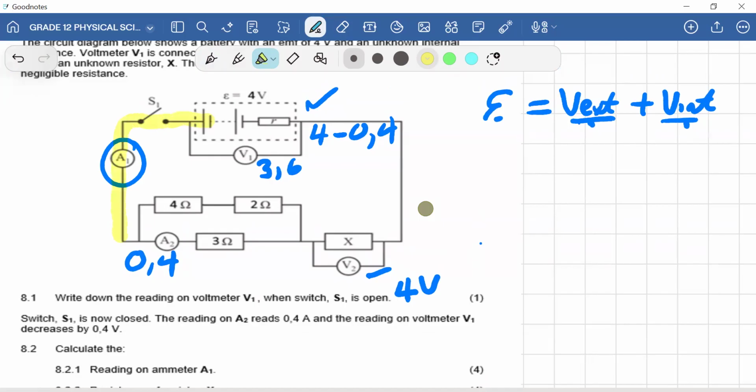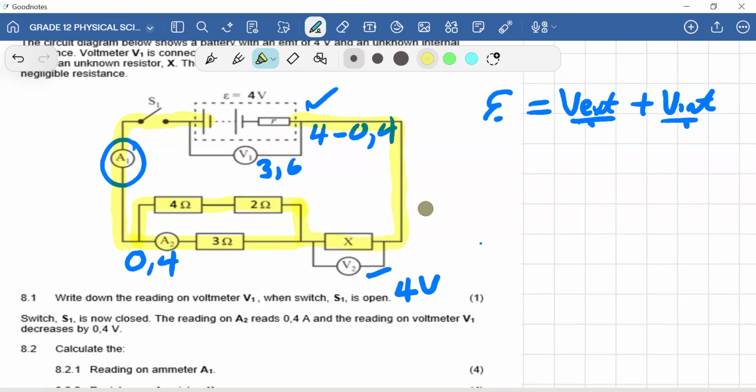But when the current reaches this point here, it has two pathways to travel. Some of the current goes through these two resistors, and the other goes through this 3 ohm resistor. The two currents meet, and the total current will travel through this unknown resistance.